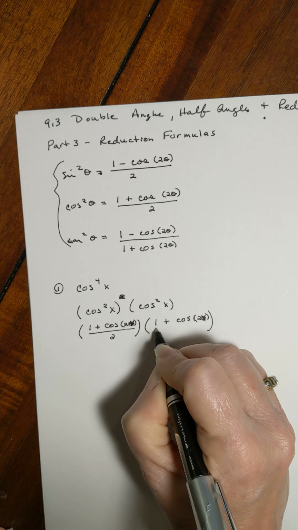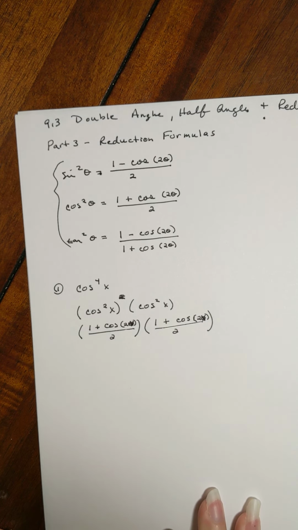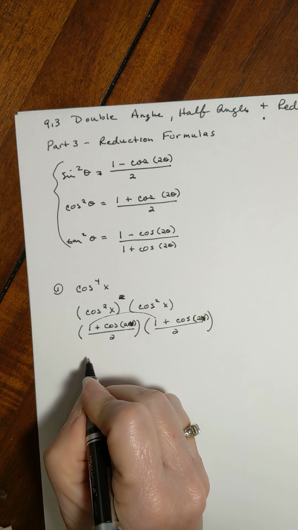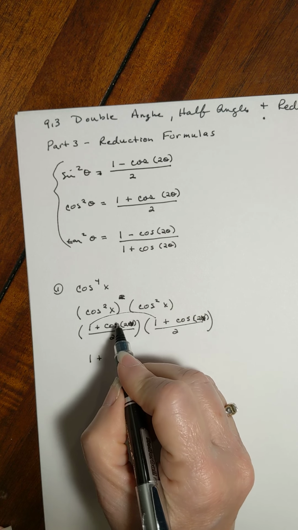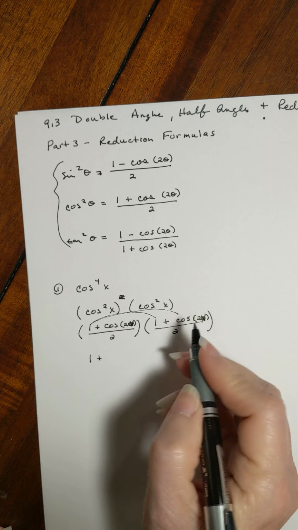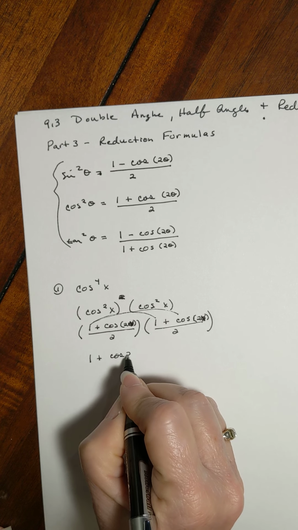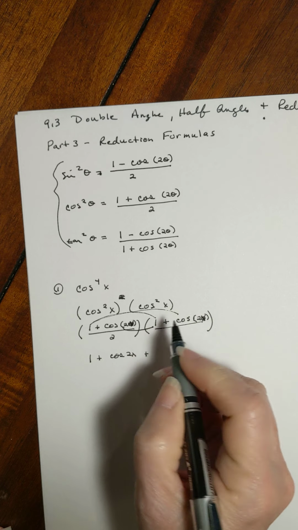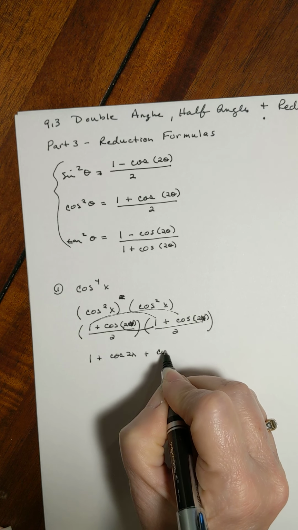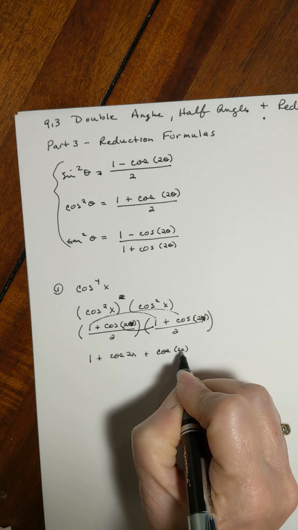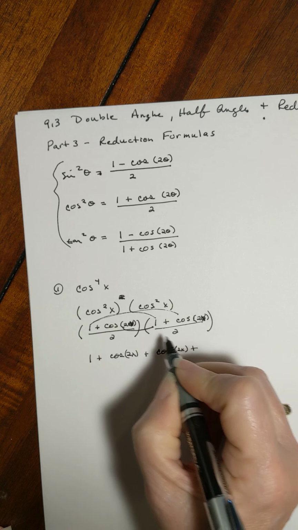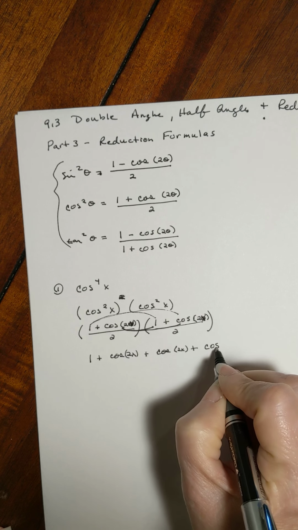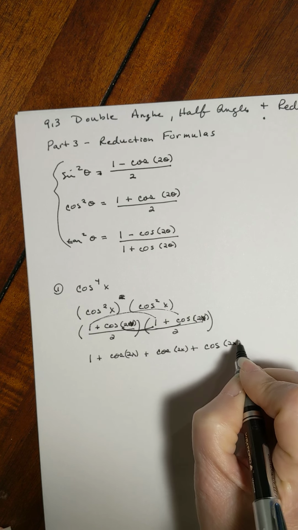All right, so if I FOIL out my numerator, 1 times 1 is 1, plus 1 times cosine of 2x is cosine of 2x, plus cosine of 2x times 1 is cosine of 2x, plus cosine of 2x times cosine of 2x is cosine squared of 2x.